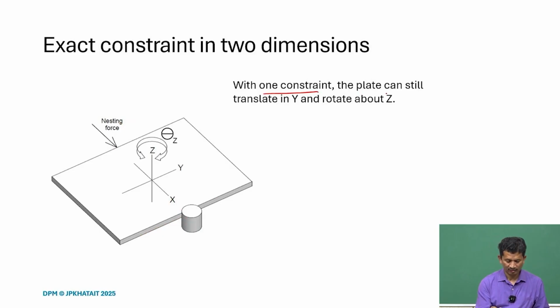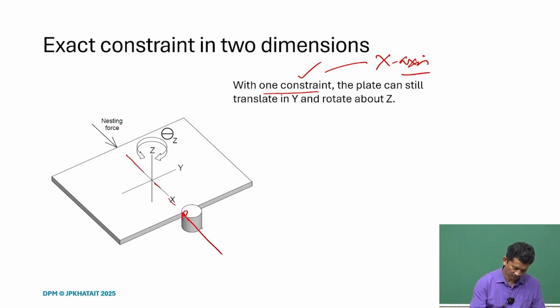This one constraint in this case is along the x axis, so it cannot move along the x direction as long as the contact is there. So, the constraint is 1. What about the degrees of freedom then?